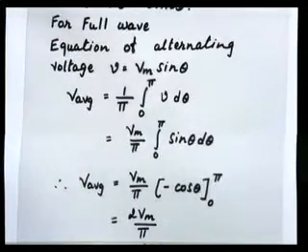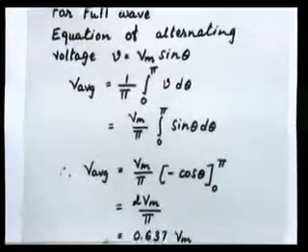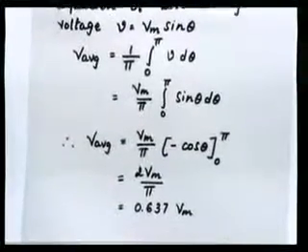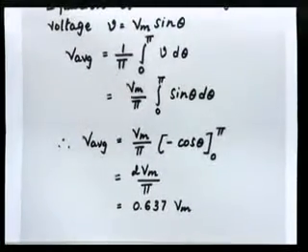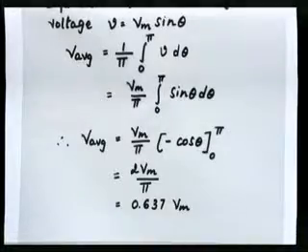The limit is 0 to pi. So your final answer is 2 Vm upon pi, which is equal to 0.637 Vm. So this is the average value of voltage for a full wave configuration, which is equal to 0.637 Vm. In the same way you can derive the equation for the average value for a half wave configuration by the analytical method.